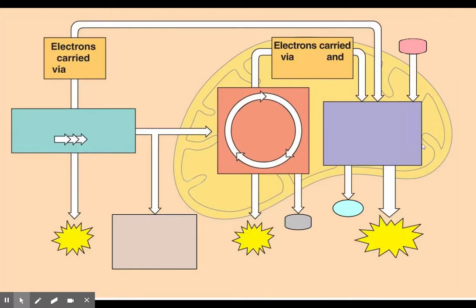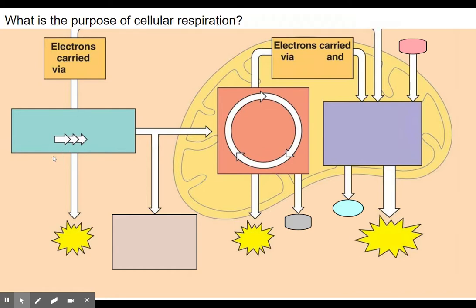Here's another way to look at it. Let's focus only over here on the left side right now. Right now we're working in a space called the cytosol, which is like the fluid inside of your cells. Let's talk about the process of what's going on here. We know the purpose of cellular respiration is to convert glucose into ATP.